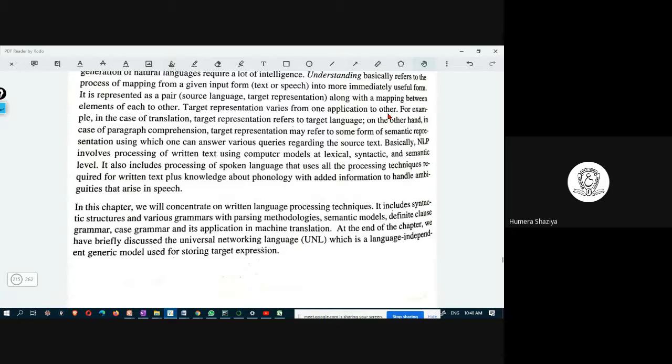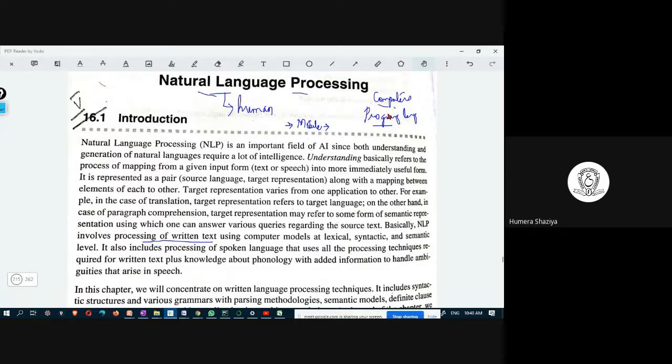Basically, NLP involves processing of written text. NLP is about written text, whereas NLU is about oral speech, means understanding speech. If I say, hey Google, it is not written, it is oral.